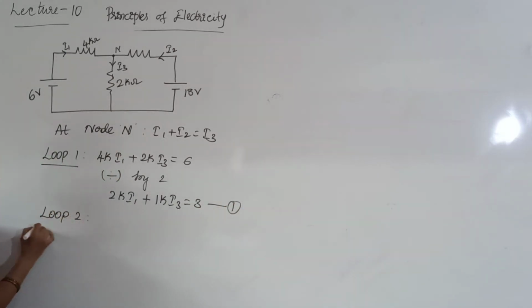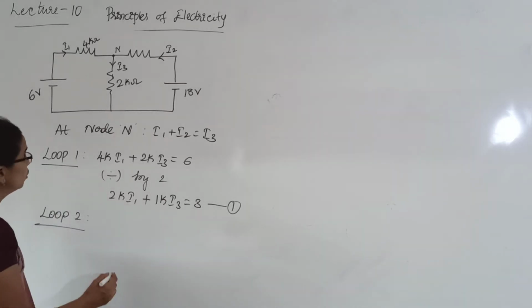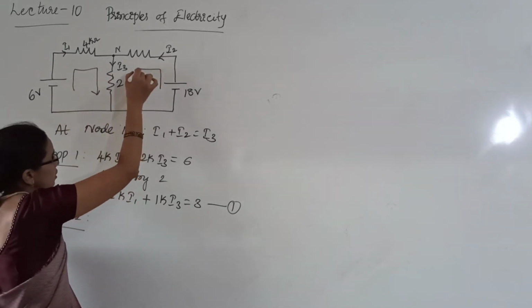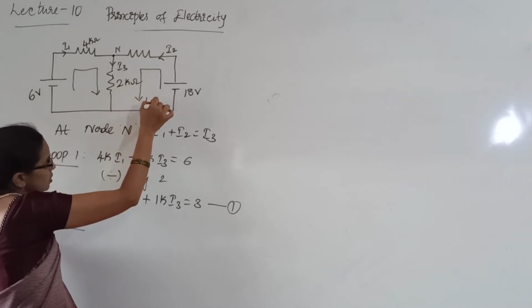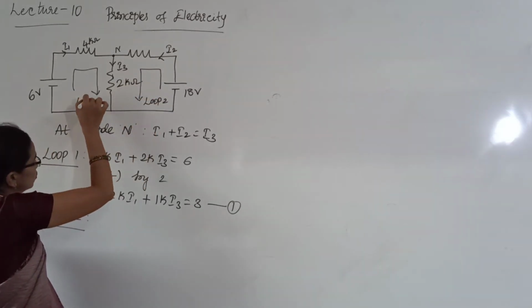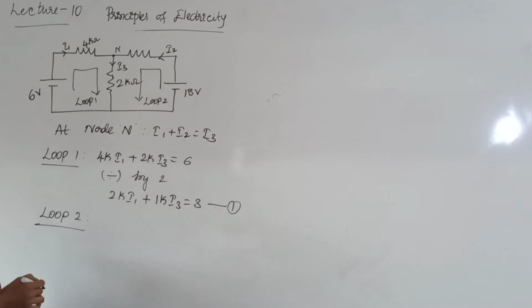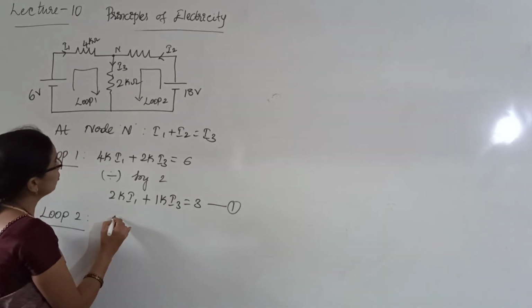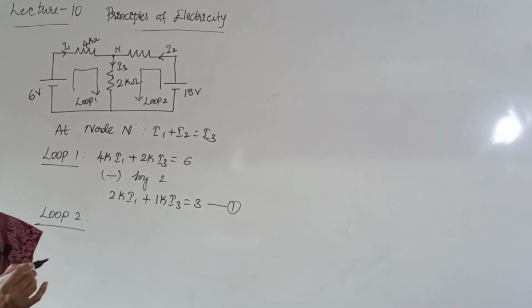Loop 2. I am applying KVL for loop 2. Here I went in this direction, here I will go in this direction. Loop 2, what's the value of the third resistor?